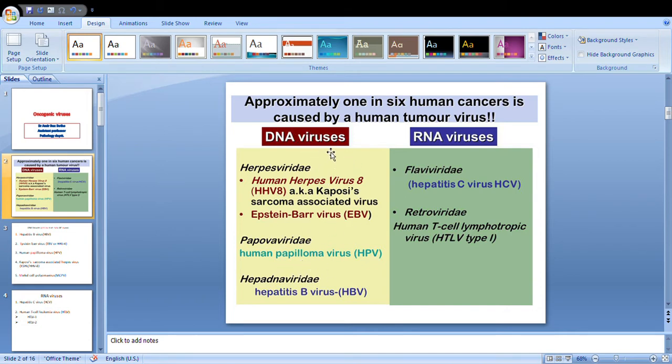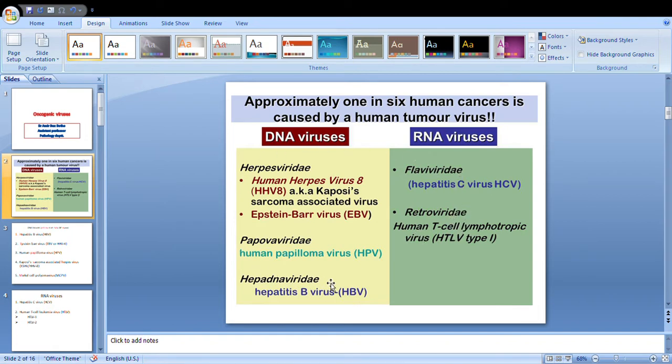The DNA viruses which cause tumors in human beings are four in number. These are the herpes virus family, the papilloma virus family, and the hepadna virus family, and among the RNA viruses, the flavivirus and retrovirus families.